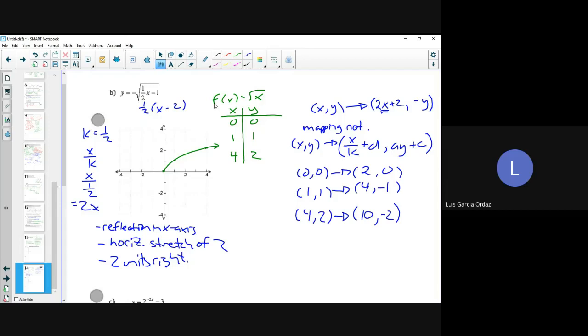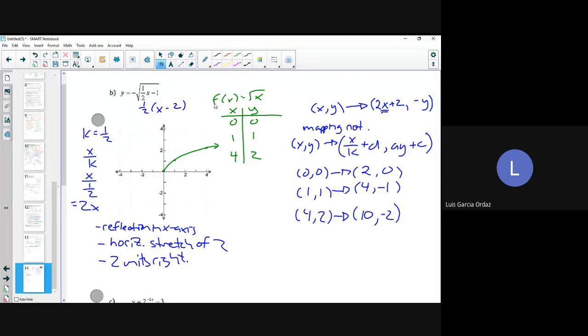But I thought the k was 1 over 2. Yeah, but you get rid of the k when you have the number already for it. This is just the general formula for mapping notation.